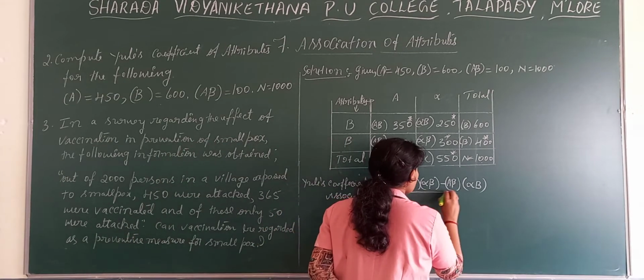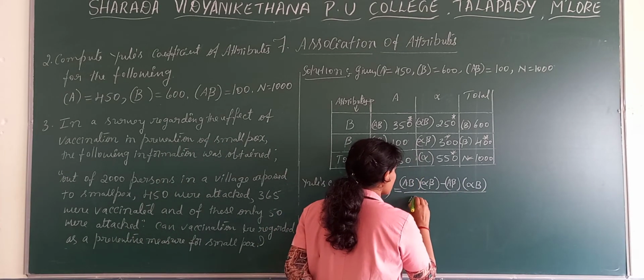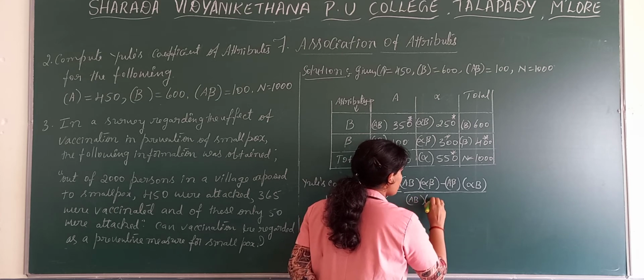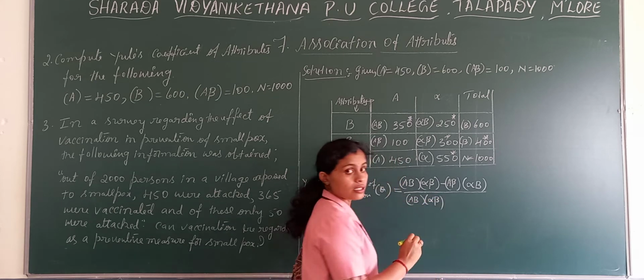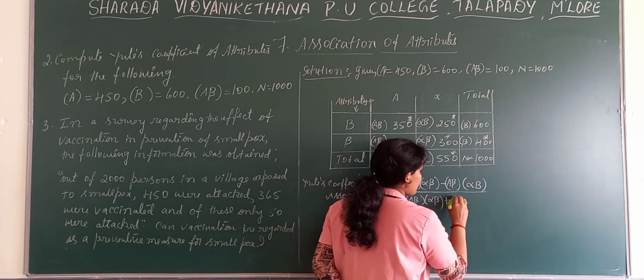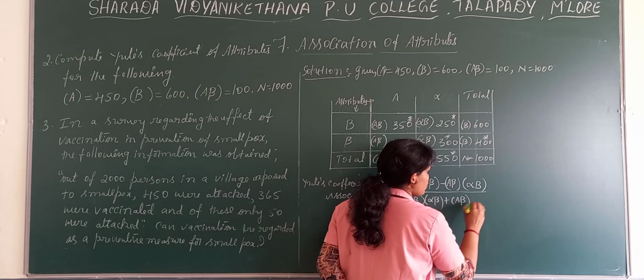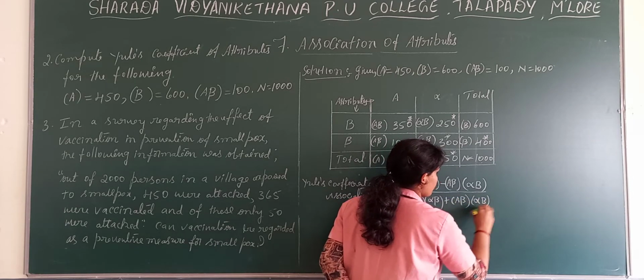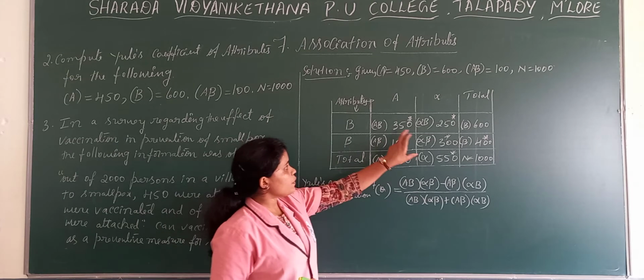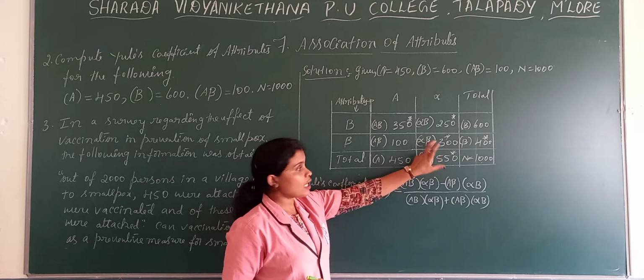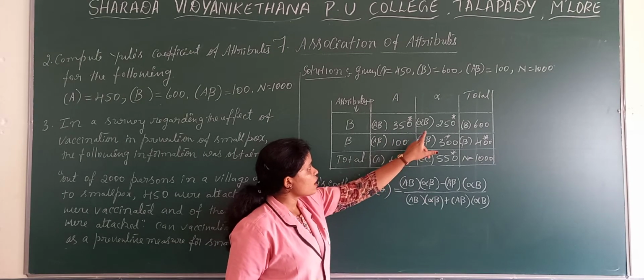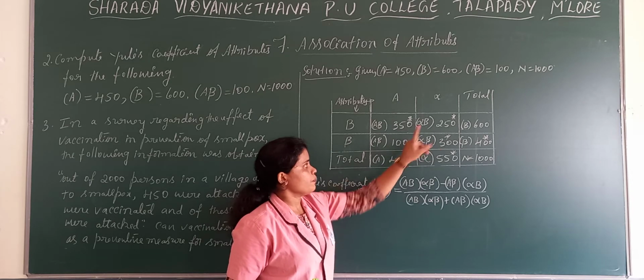Now divided by same thing, AB into alpha beta plus A beta into alpha b.